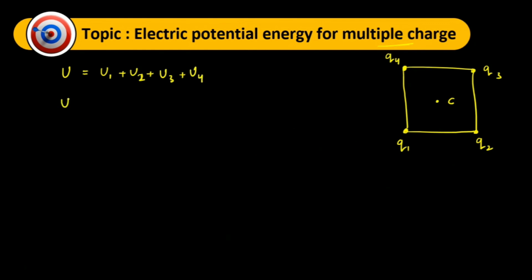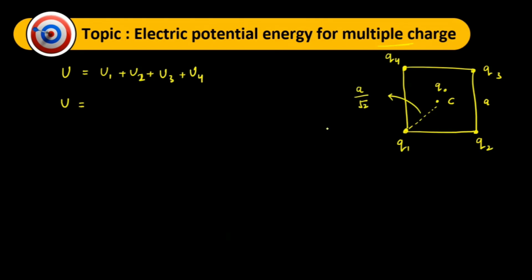Now at the center, let's say there is some charge Q naught placed. So the potential energy at the center is going to be, we need to understand what the distance here is. If the side length is A, this distance is going to be A over root 2. We can easily find it out.